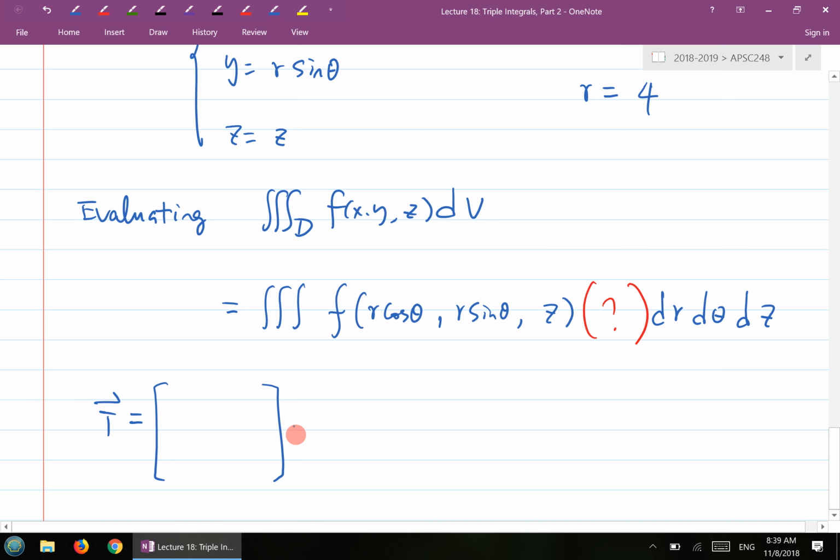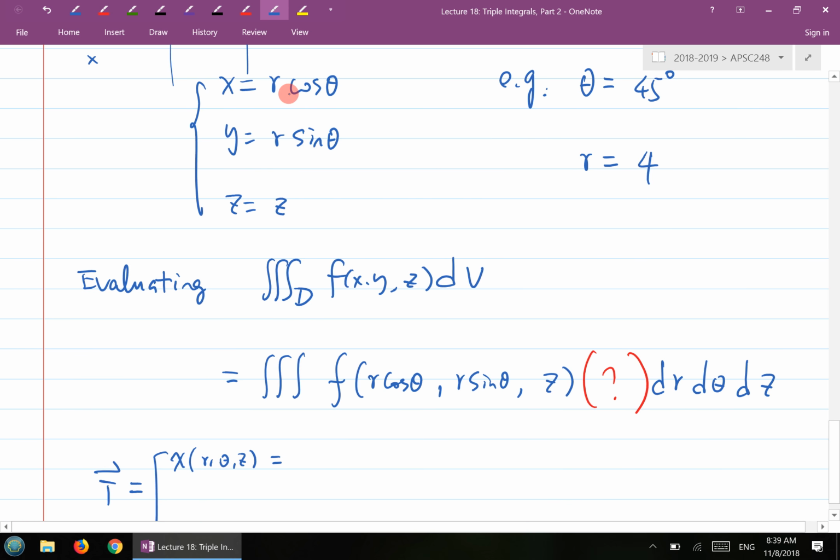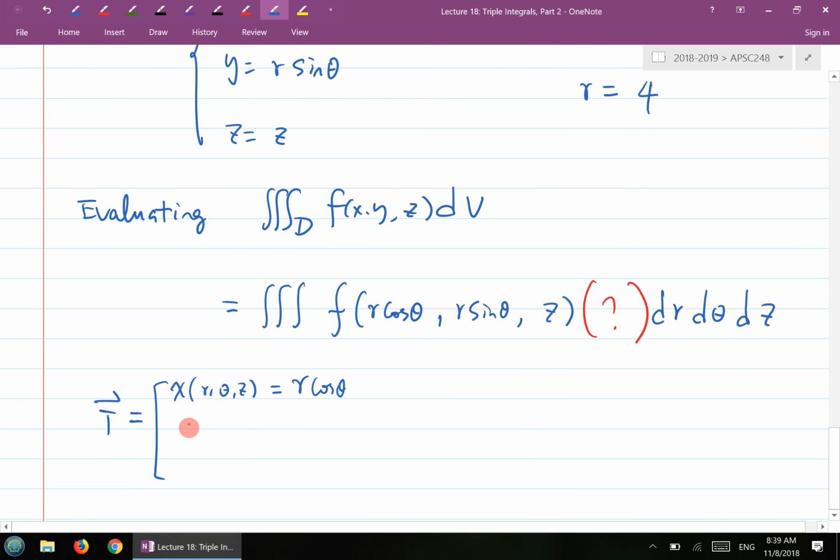You have your x function here in terms of r, theta, z. It's r cosine theta, that's given already. Then you also have your y function, which is also given now. You also have the z, which is just z.